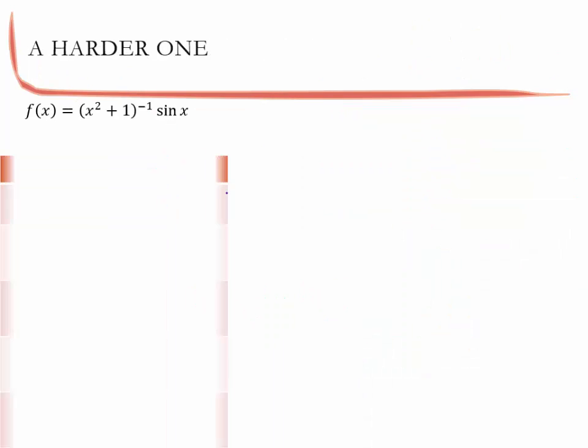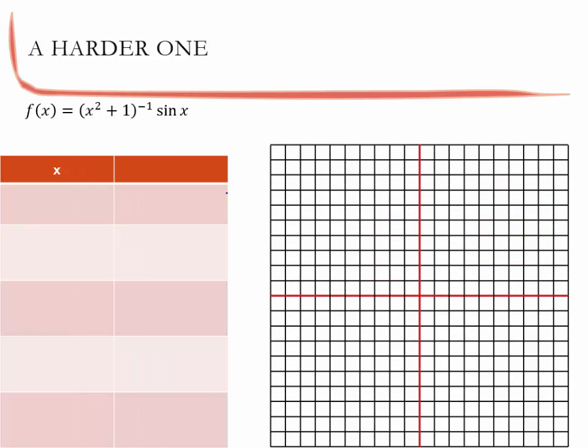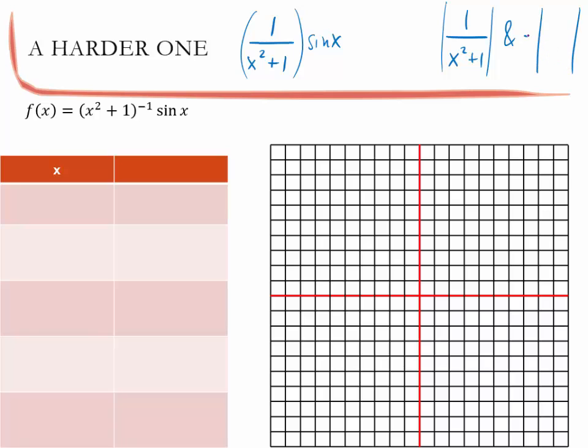Okay? We also get ones like this. These are a little bit harder. This one is actually 1 over x squared plus 1 times sine of x. And so what you have to do is you have to graph that and, well, the absolute value of that, and then the absolute value of the negative version of that.